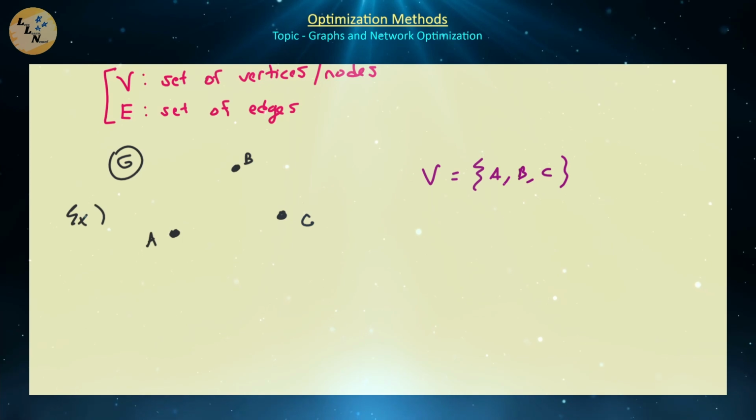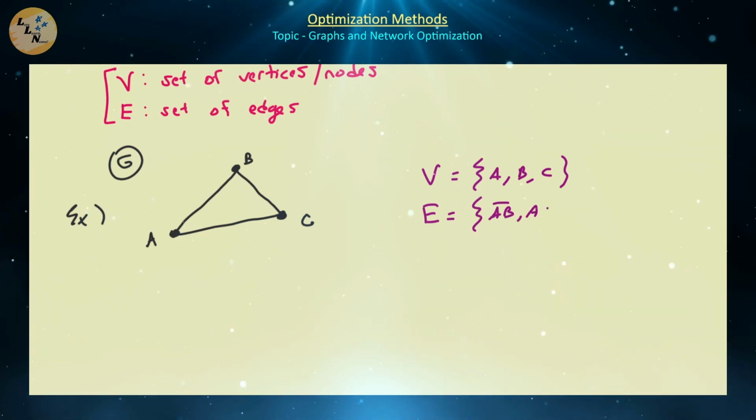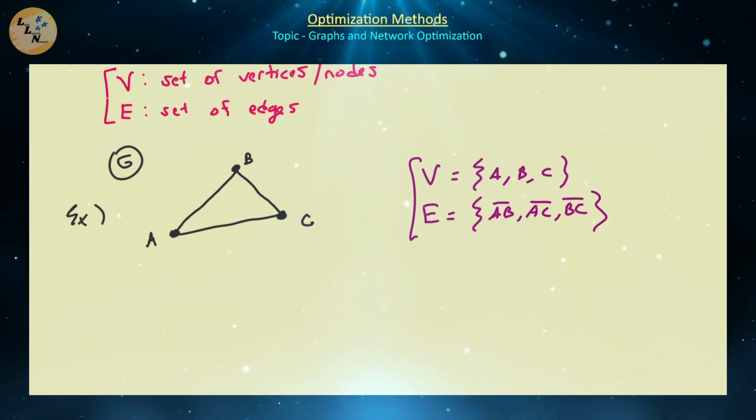Now I'm going to connect these points. For example, I can connect A with B, B with C, and A with C. That means my set of edges, E, consists of AB, AC, and BC. So I have three vertices, three edges, and the pair of these two sets is my graph G.